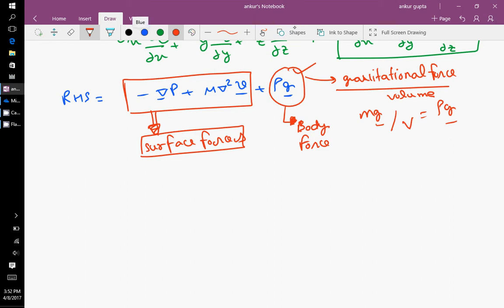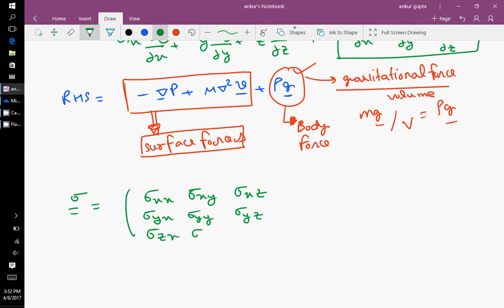For that, we go back to what we had introduced in class, which is the sigma tensor. This was sigma xx, sigma xy, sigma xz, sigma yx, sigma yy, sigma yz, sigma zx, sigma zy, sigma zz.